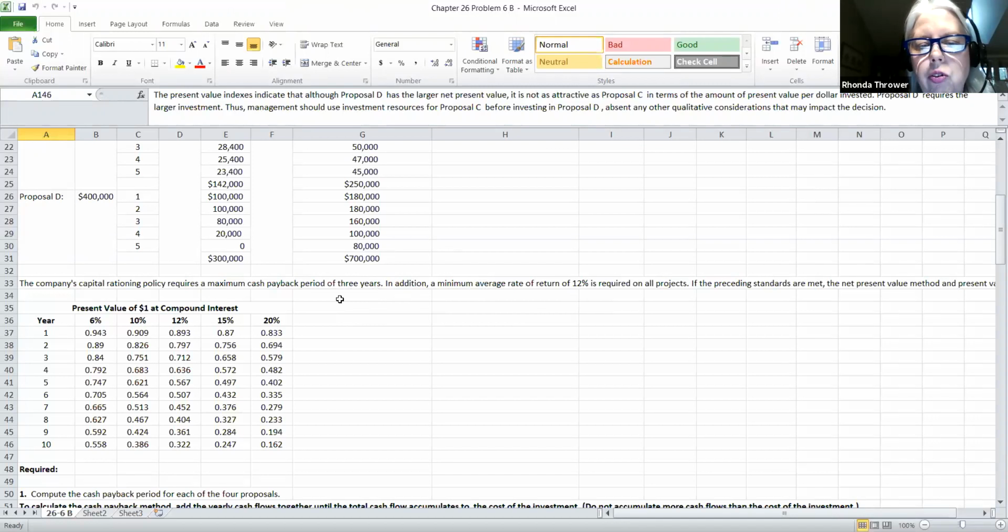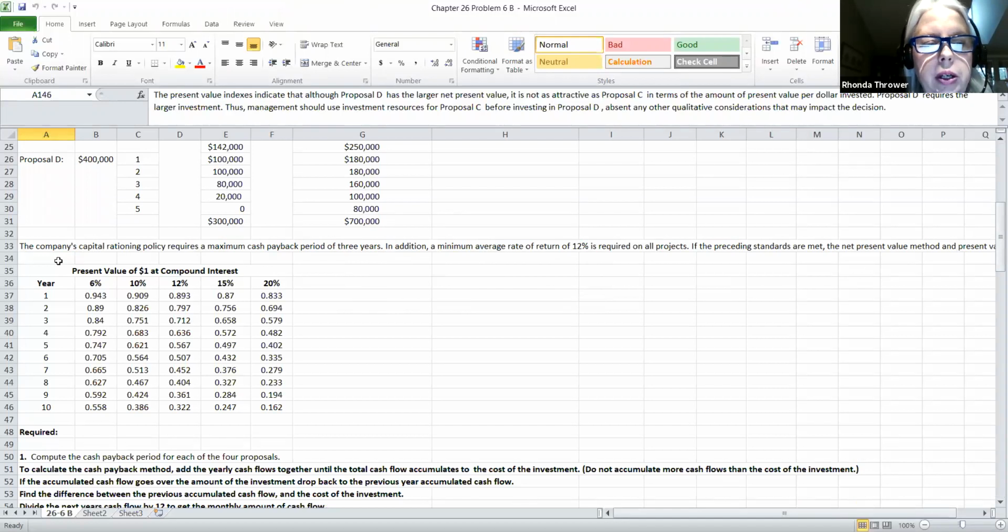If they meet these two criteria, then we're going to subject these proposals further to net present value analysis, using the present value of a dollar table, which is our lump sum table, for present value analysis.